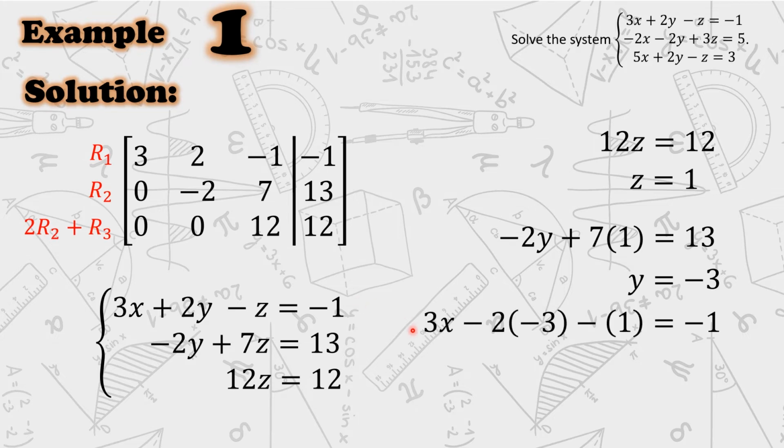So we have 3x minus 2 times negative 3 minus 1 is equal to negative 1. Solving for x in this equation, we will get x is equal to 2. Hence, the solution to the system of equations in 3 variables is the ordered triple (2, -3, 1).